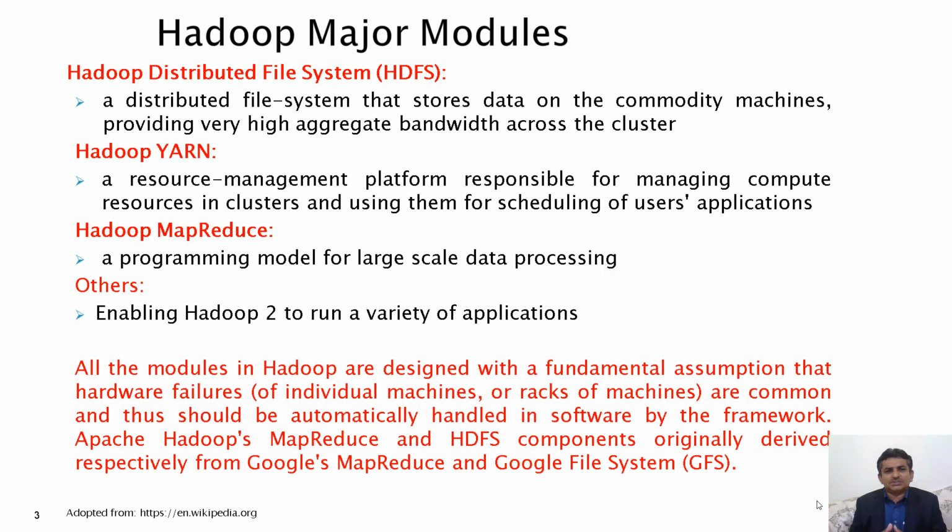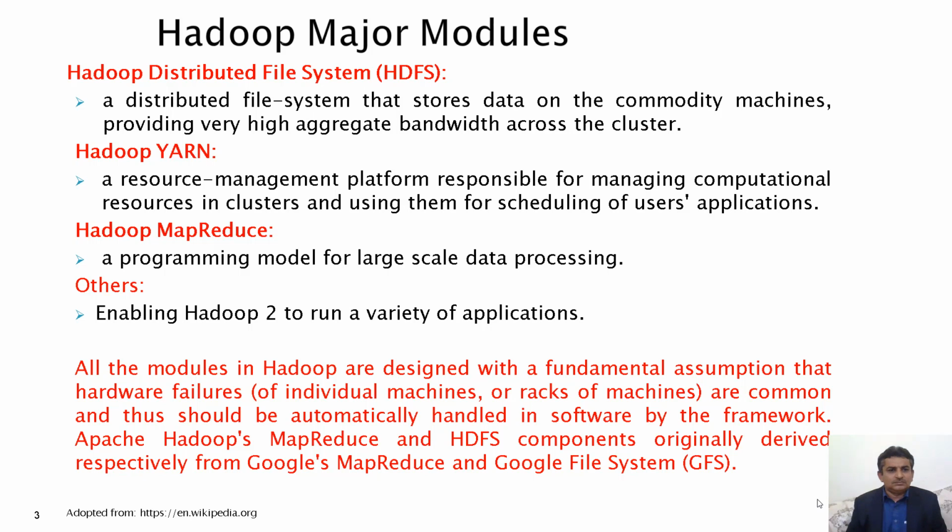This slide shows a brief description of different components of Hadoop versions. The first one is the Hadoop Distributed File System (HDFS). HDFS is a distributed file system that stores data on commodity machines, providing very high aggregate bandwidth across the cluster.